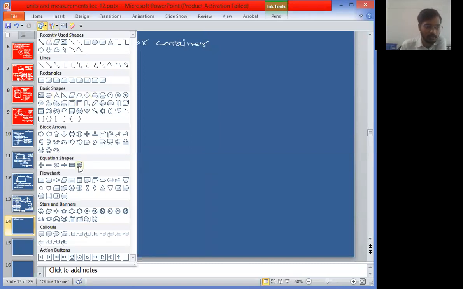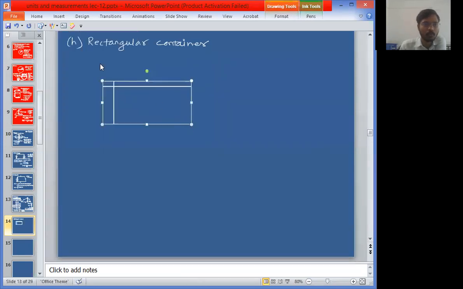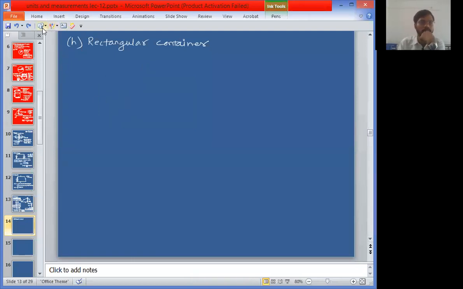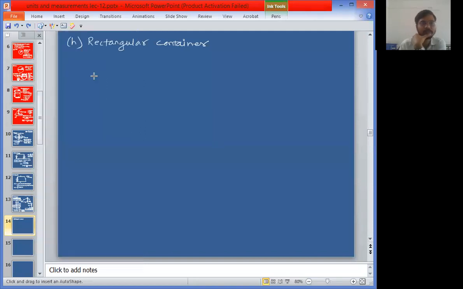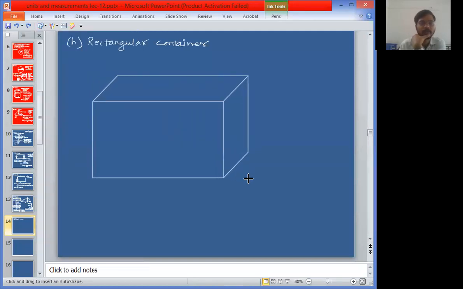Three-dimensional shapes are not given here. Not given. Let's draw it. Here it is. That's our rectangular container.